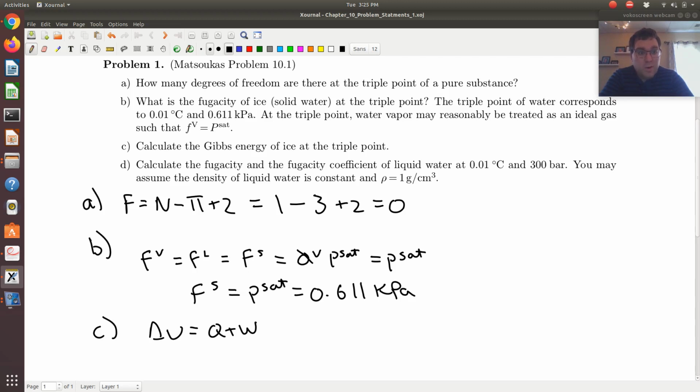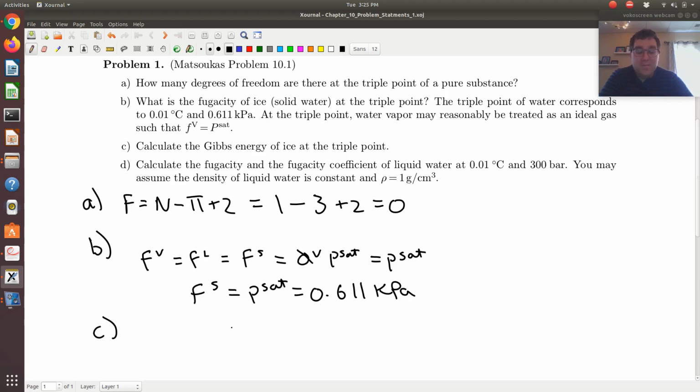We talked about reference states being useful to define what looks like an absolute property, but the issue here is they don't actually give us a reference state to calculate an absolute G with respect to. So I really don't see a way in which you can calculate an absolute G in C. And so I would leave it at that.